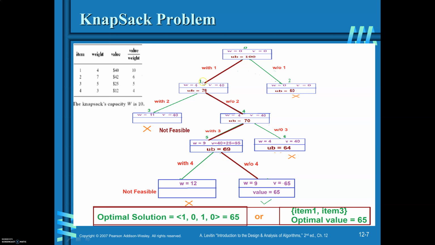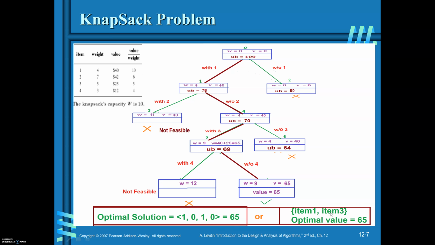So 1 0 1 0. So the solution vector is 1 0 1 0. This indicates item 1 is considered, 2 is not considered, 3 is considered and 4 is not considered. So with that, the optimal value you are going to get is 65.